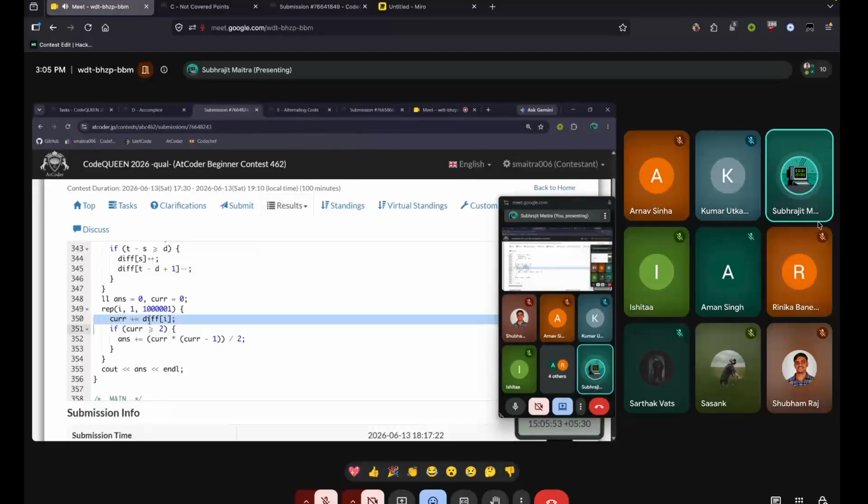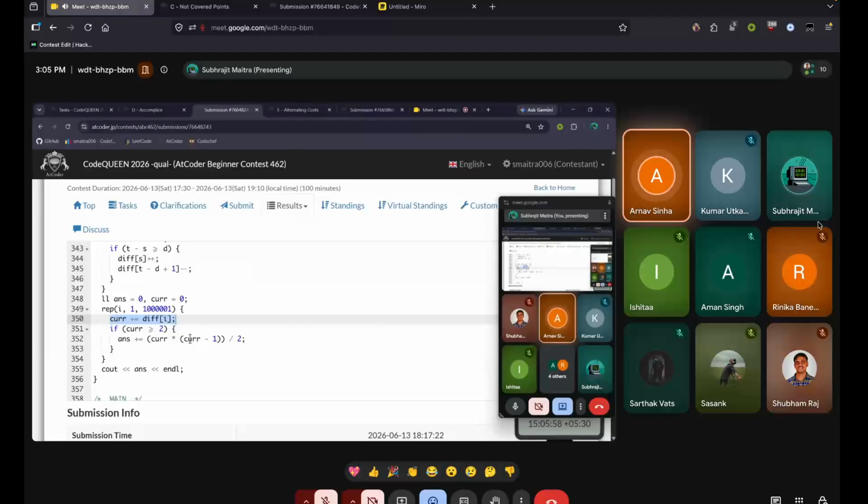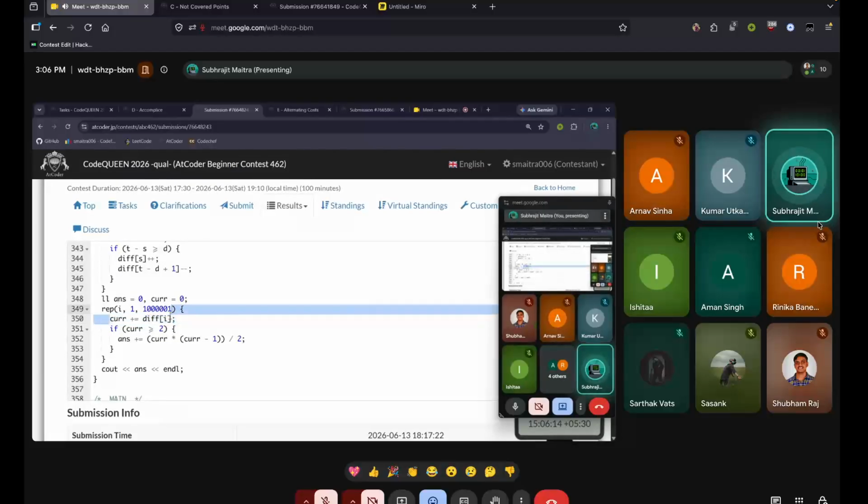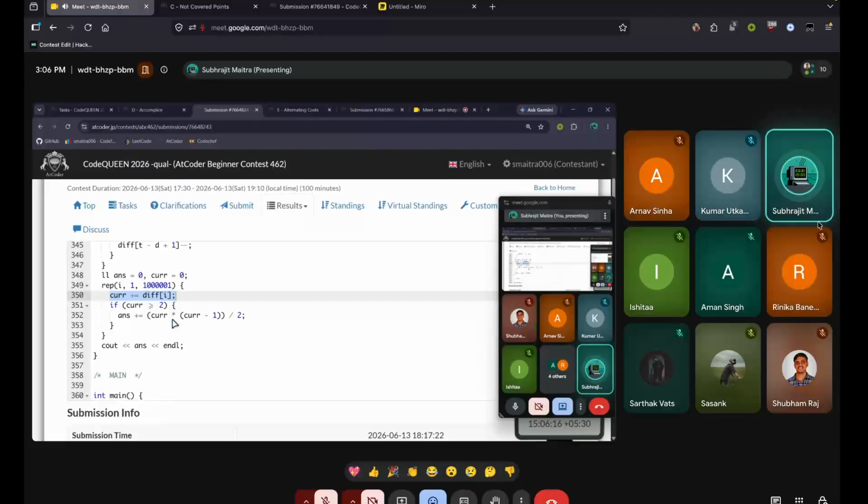This is actually prefix sum. Yes, bhaiya. I could have made another extra loop and done difference of I equals difference of I plus difference of I minus 1, right? Yes, I could have done that, but we are carrying it in our hand only. Why get an extra loop there?